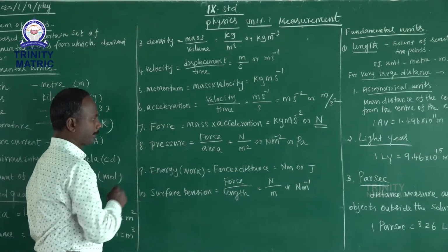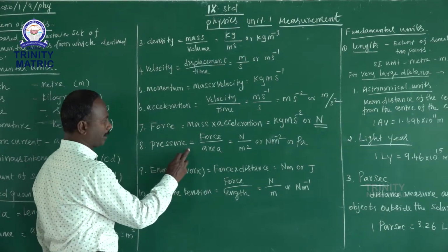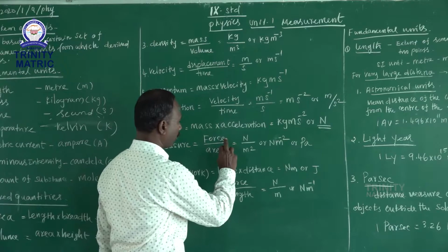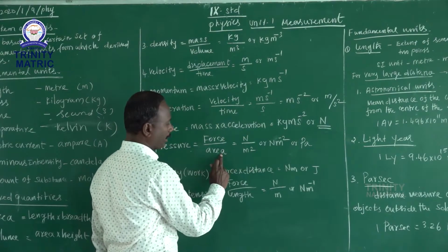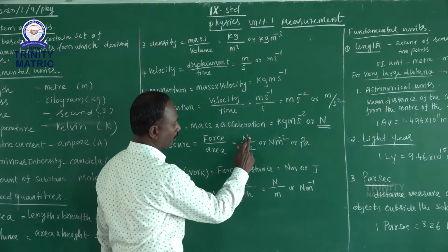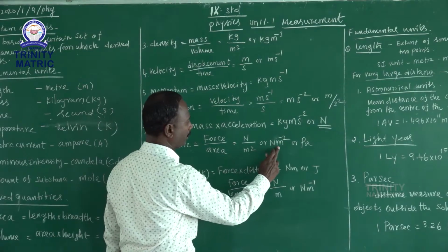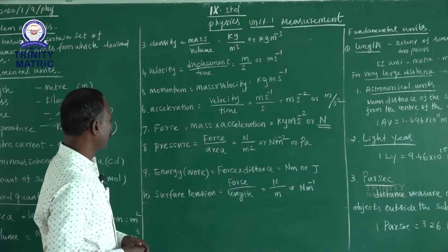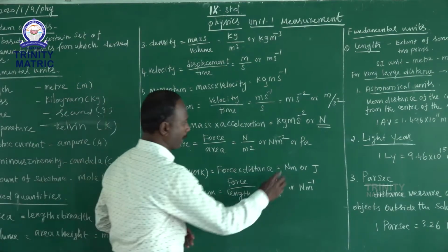Then pressure. The formula of pressure is force per area. The unit of force is Newton, area unit is meter square. So Newton per meter square or Newton meter minus 2. Another unit for pressure is Pascal.